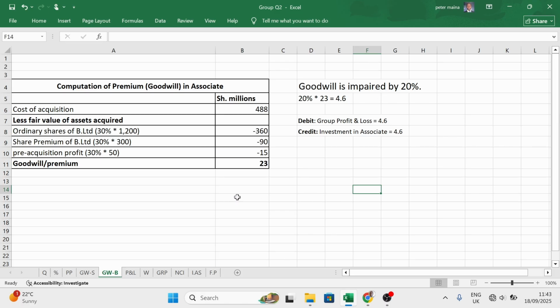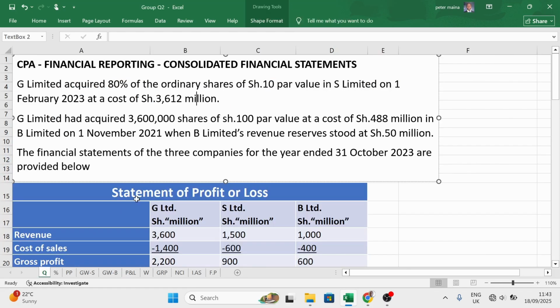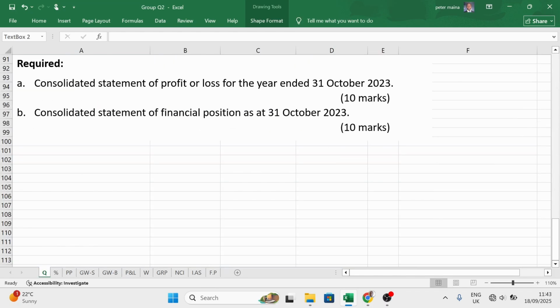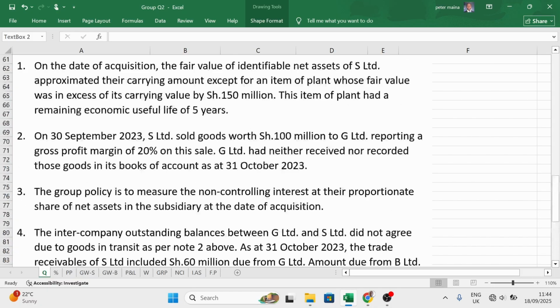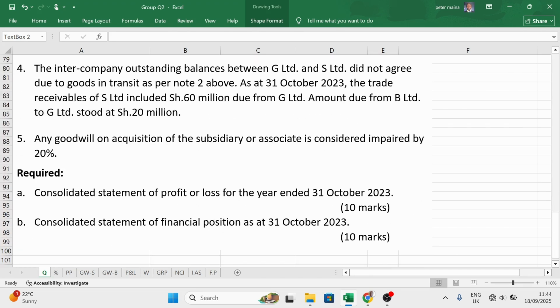Actually, we don't need to do a lot of workings. We can go straight to the first requirement, consolidated statement of profit or loss, without even having to go through all these workings. In fact, you can just start with this one even without doing any workings.